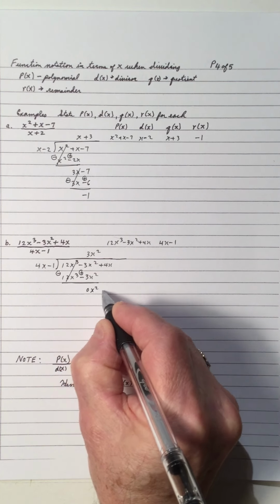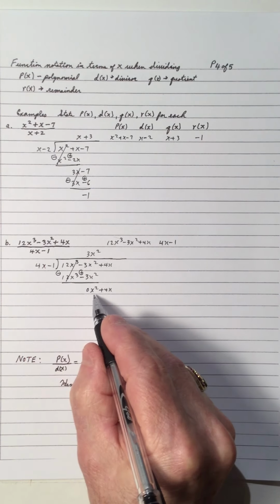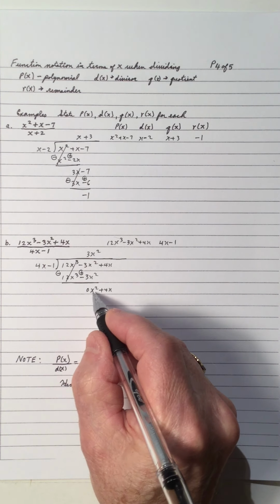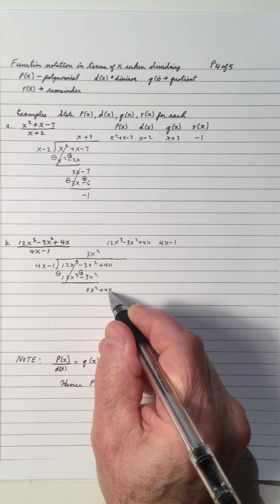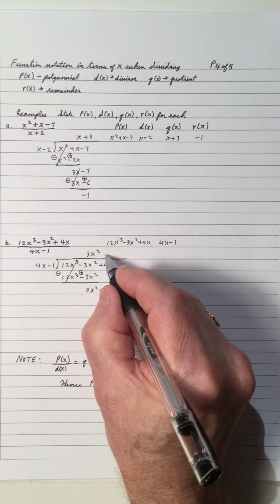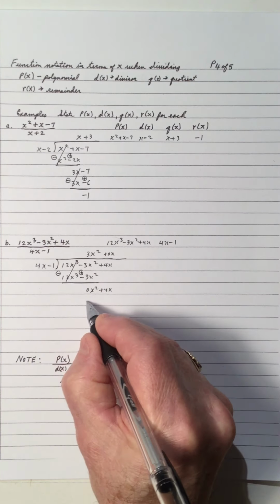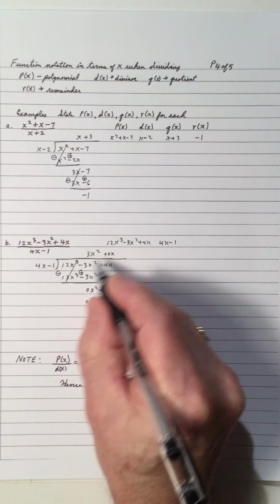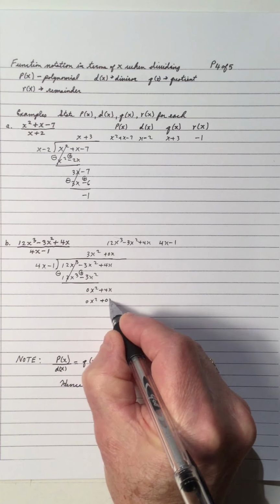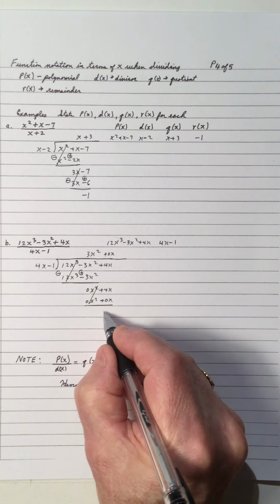This is 0x squared plus 4x. Now, that's a 0. So we divide this. We can't do it. So 4x into that is 0. So that's 0x. Multiply back, we get 0x squared. Multiply that, we get a 0x. They cancel. And 4 subtract 0 is 4x.